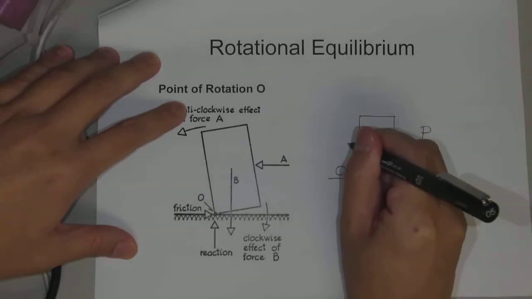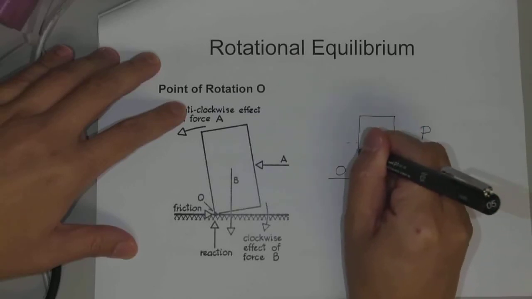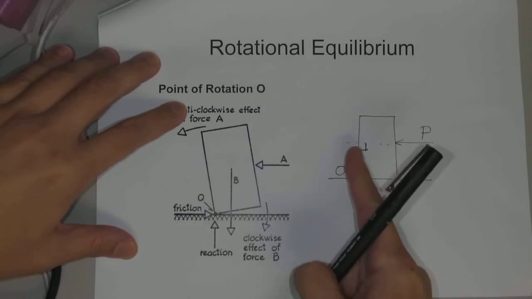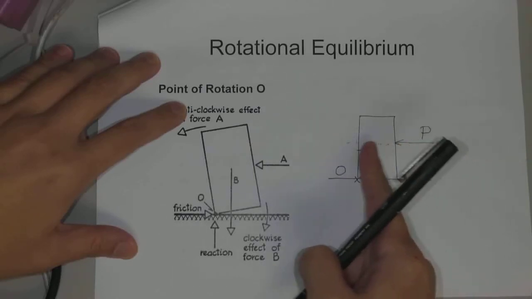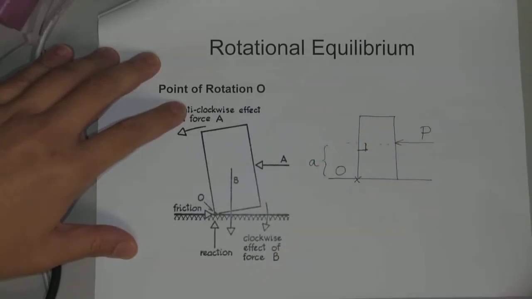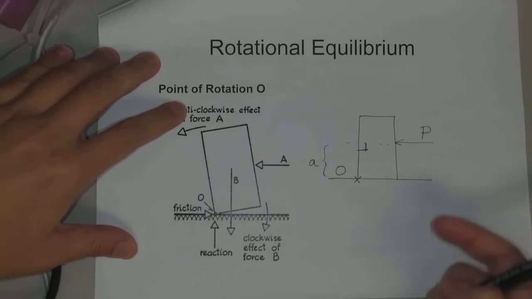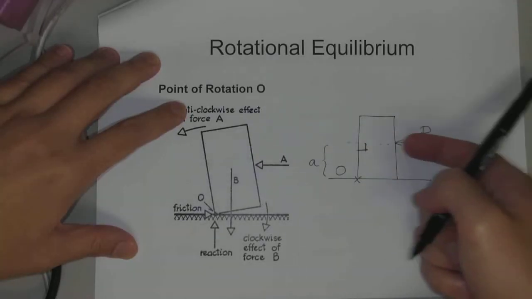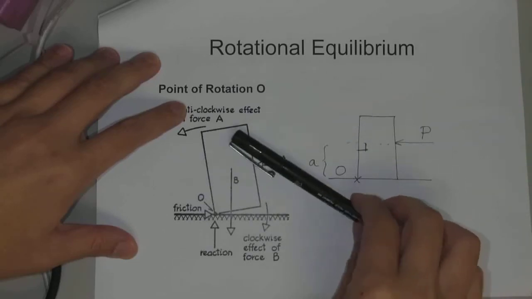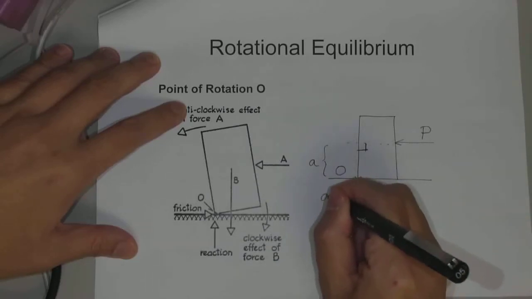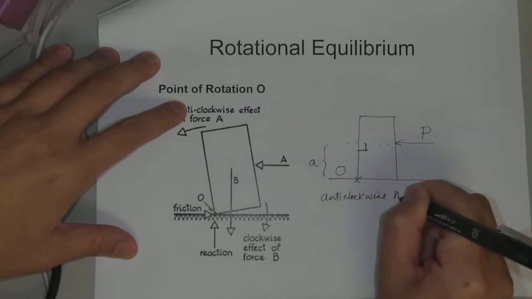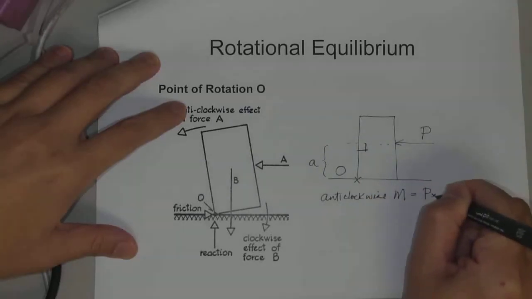Perpendicular. If you try to push it that way, this thing is going to rotate in the anti-clockwise direction about O. So you have anti-clockwise moment M, which equals P times A.